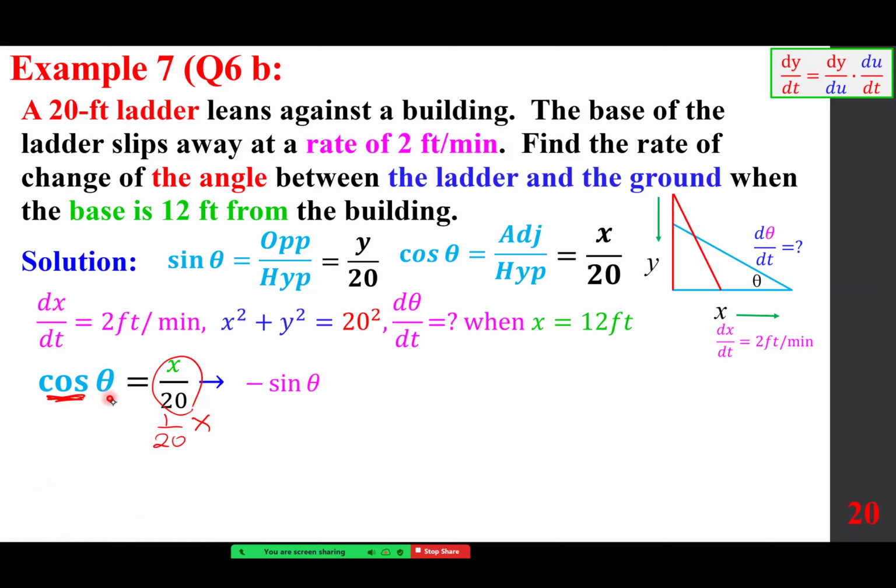But it's important to know theta is not the independent variable, otherwise we would be done. But t is the independent variable. That's why we want d theta dt. So times d theta dt. And the right side is 1 over 20 times x, which results in dx dt.